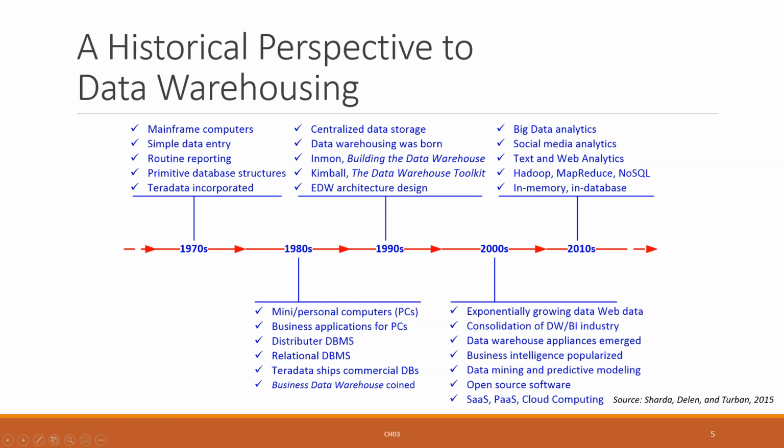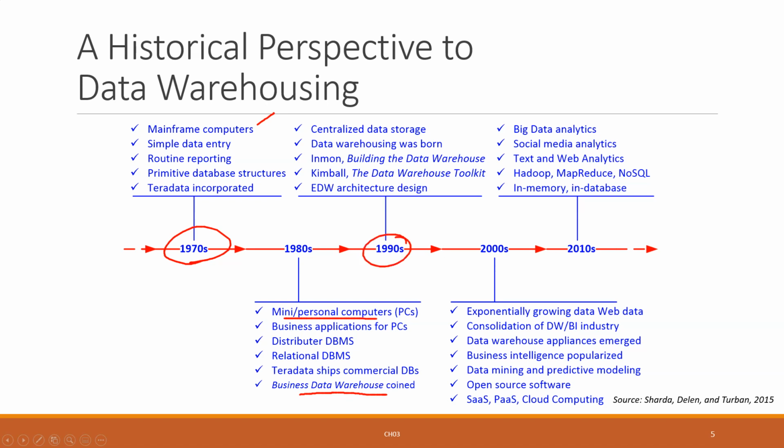Historically, data warehouses have been growing over time. In the early 70s, we had some basic ideas about data, and we had mainframe computers. In the 80s, we got to personal computers, and data storage started becoming a little more user-friendly, and that's when the whole idea of data warehousing started to come into play.